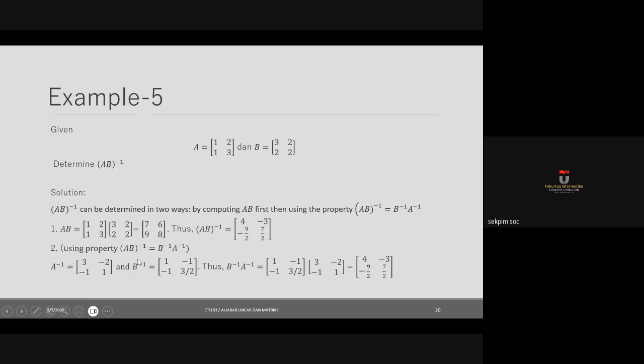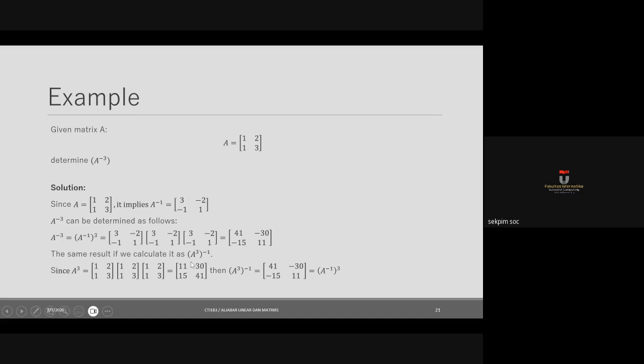Okay, and next is you find the inverse of each matrix, of each A and B. So for A, we have this is the inverse of A, and for B inverse, we have this matrix. And you see, B inverse times A inverse will be equal to this one, which is the same result we have. Okay. So they are equal.